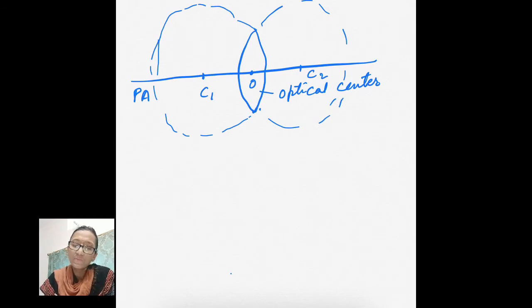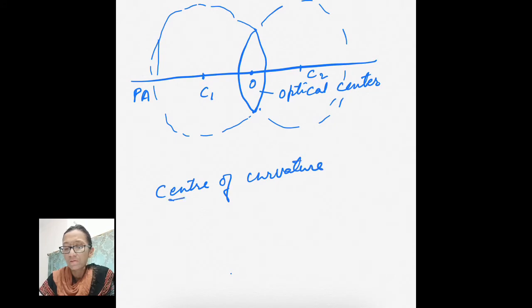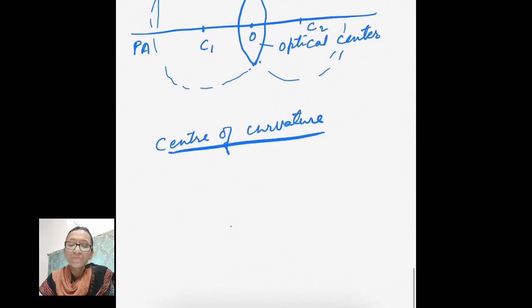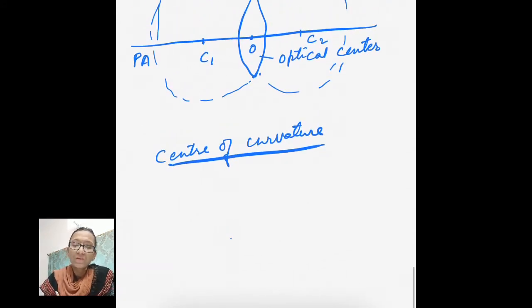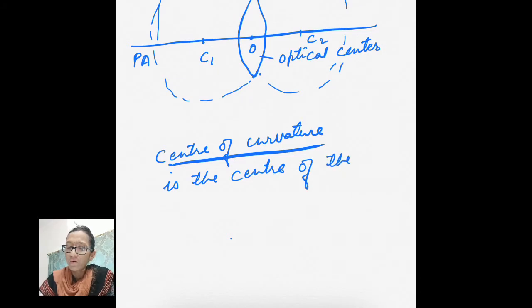First one is center of curvature. It is the center of that sphere which is forming the part of a given lens.